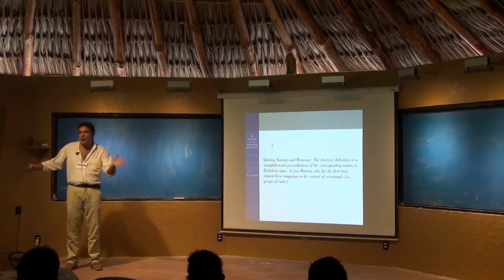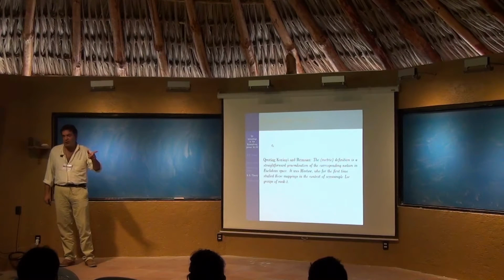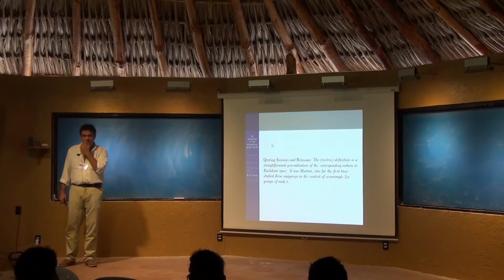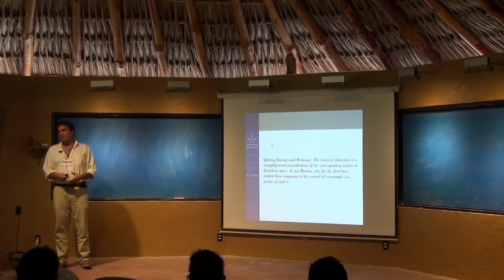So Ahlfors and all the others proved the equivalence of the metric definition, the analytic definition, and so on. So we really want, from the metric definition, to go to an equivalent analytic definition, and then to a geometric definition. Once we have done that, we can study the theory.